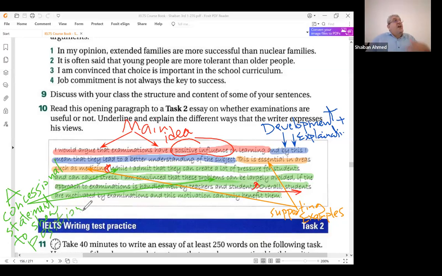How concessional? I admit, I agree that they can create a lot of pressure. Yes, they create a lot of pressure for students and can cause stress. I am convinced that these problems can be largely avoided if the approach to exams is handled well by teachers and students.